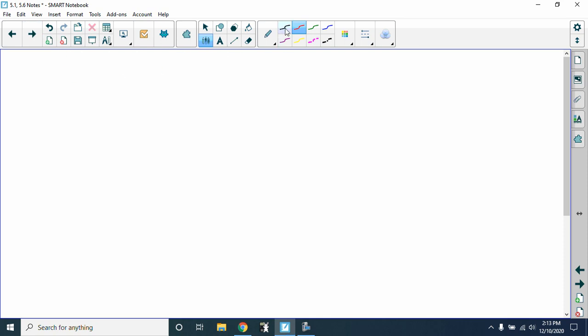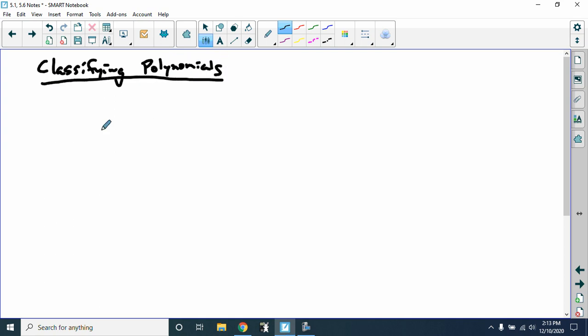We are going to classify polynomials two different ways. So classifying polynomials. We are first going to classify them by their degree, by the highest power.